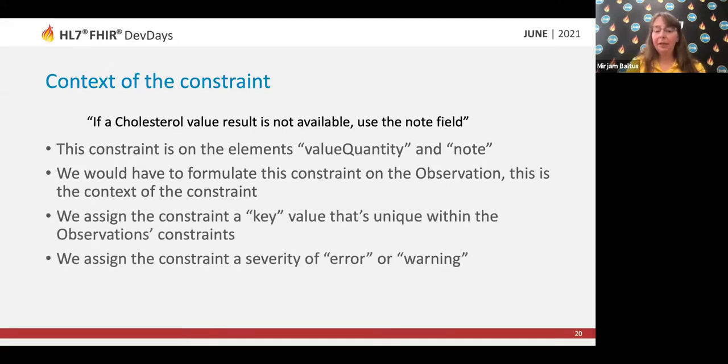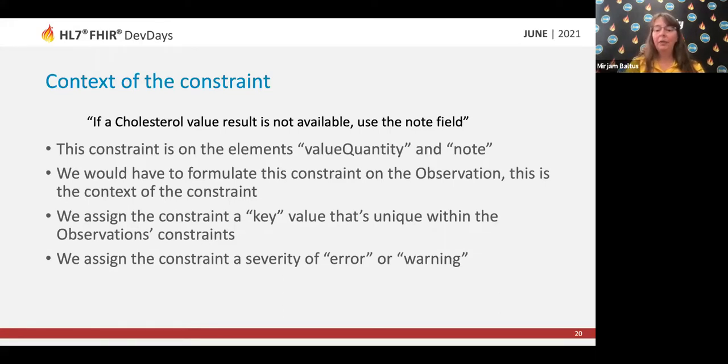Then we give it a key, that unique value. You can use a similar mechanism as the FHIR specification with three letters and a digit, but you can use anything else as well, as long as it's a unique string within the observation's constraints that you have, both the already existing ones from the specification as well as other constraints that you might put in your profile.